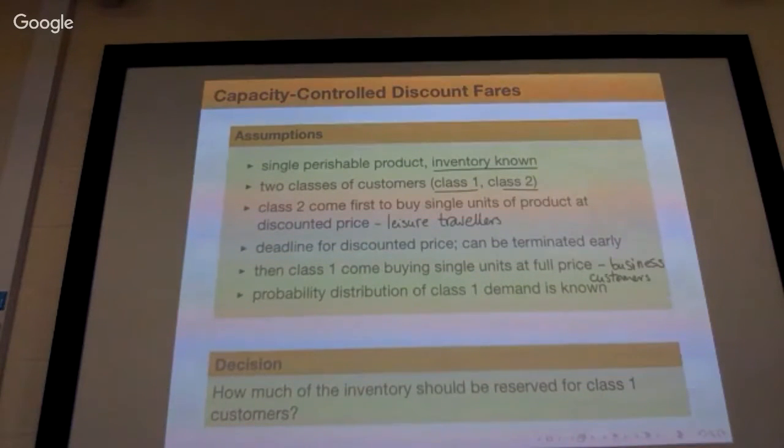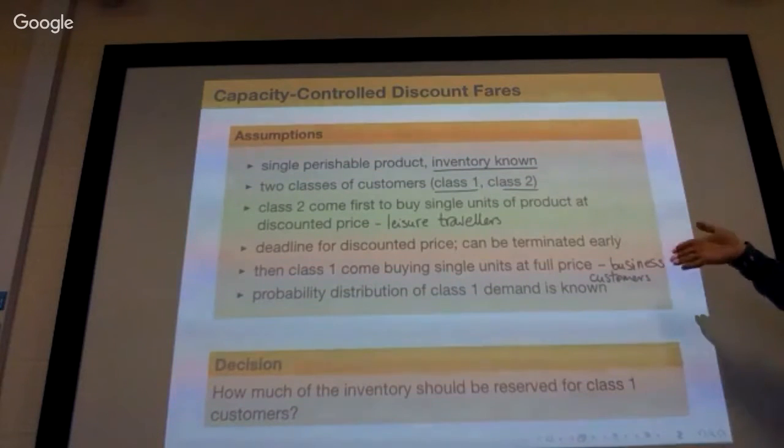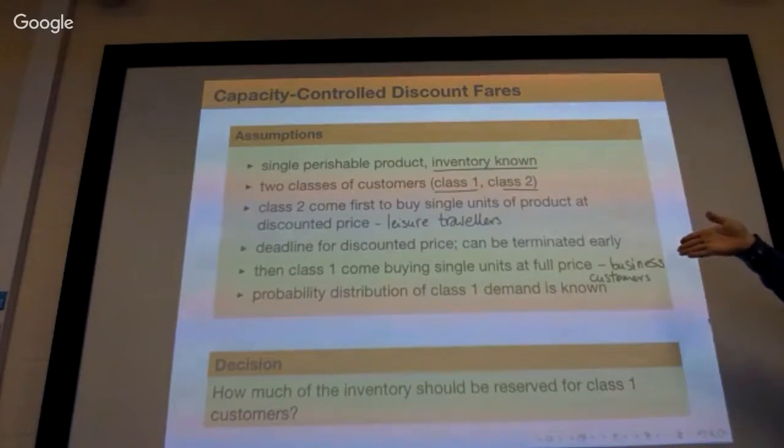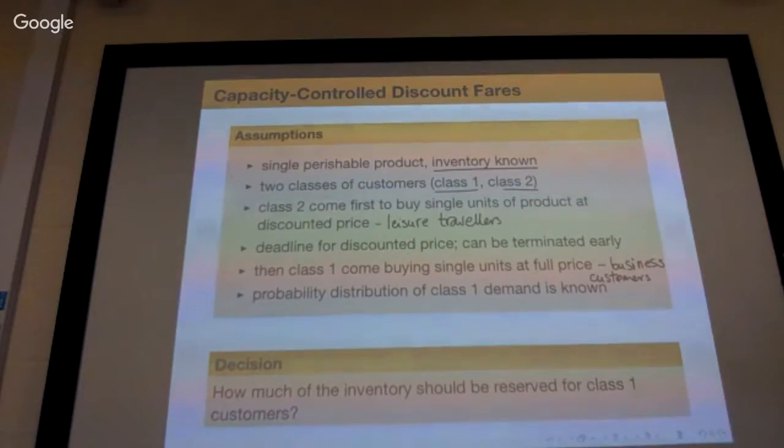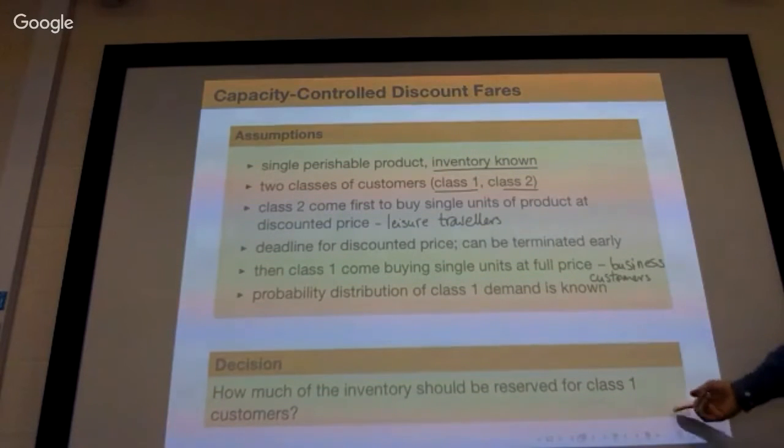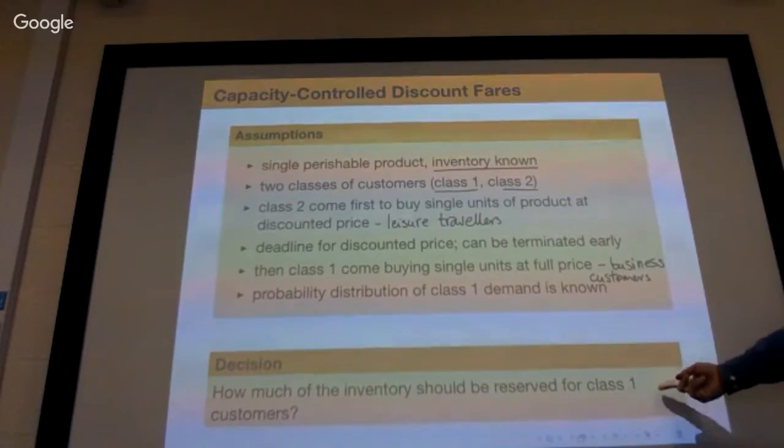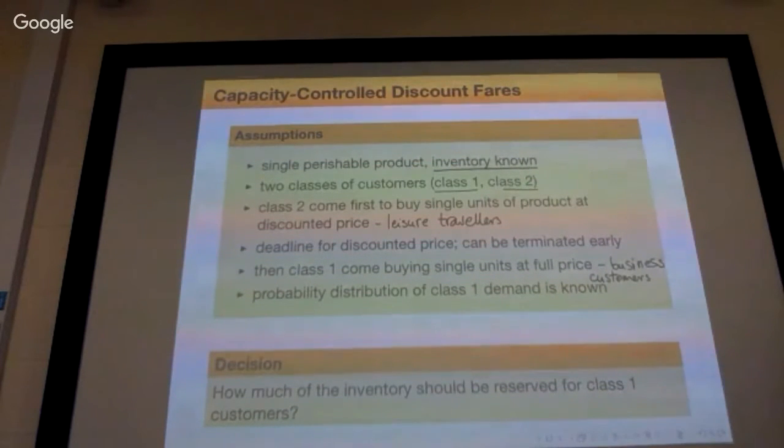So you can say something like, 2 weeks before the flight, we'll stop selling class 2, but we can stop selling class 2 even before then, if we've sold enough of them. And now the question is to determine how much you should sell of class 2 before you stop selling them, or how much you should reserve for the more expensive customers.